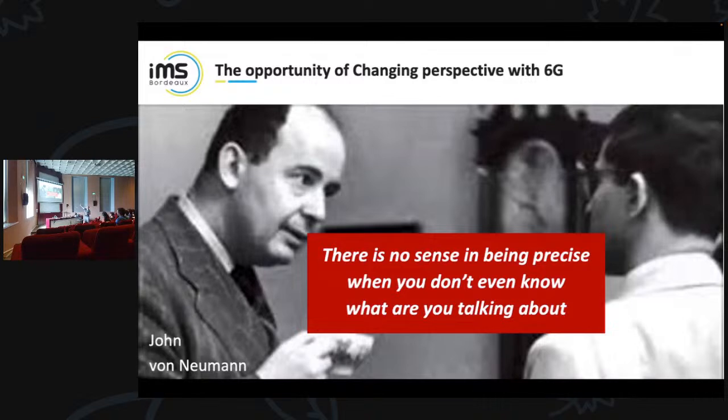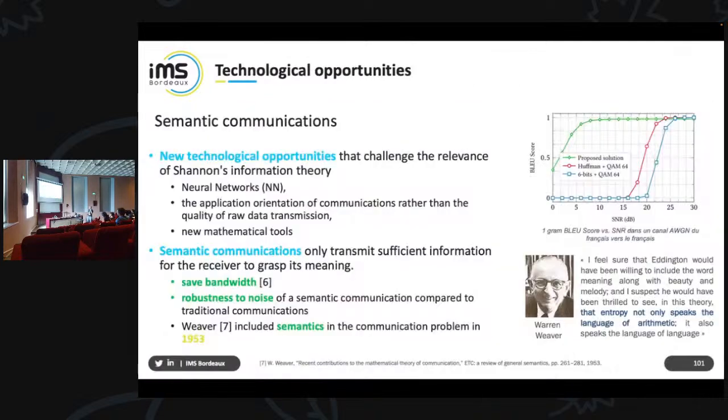It's a whole story. There is no sense in being precise when you don't even know what you are talking about. So we just want to send some sense. And this is Warren Weaver. You know Claude Shannon, but Weaver was a good friend. And Warren Weaver envisioned in the 50s that semantic communication would be more efficient in terms of power. It will save bandwidth.